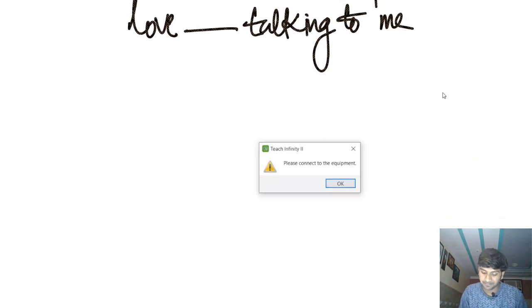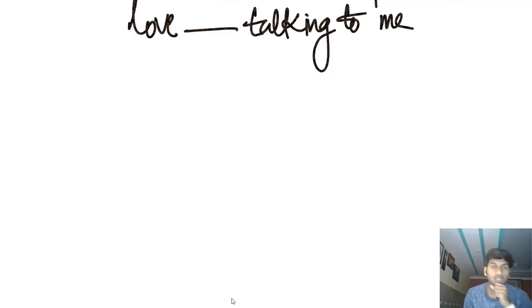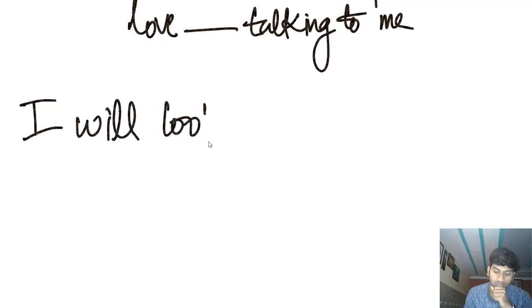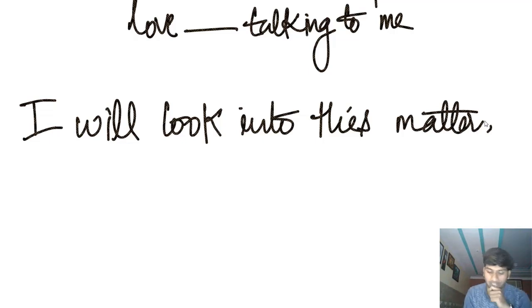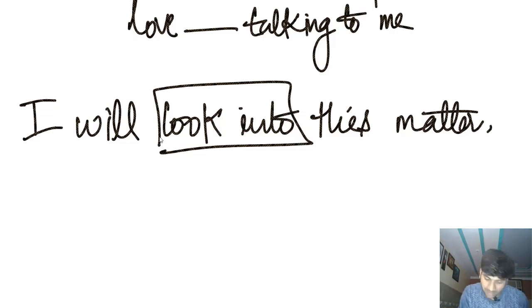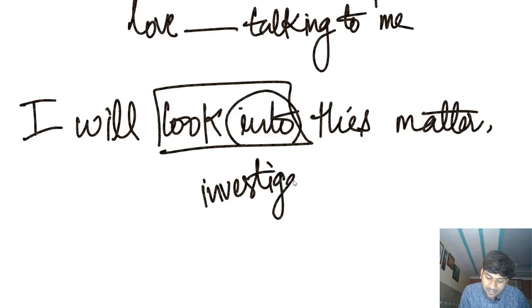For example, it can be a preposition. Let me give you an example. I will look into this matter personally, or I will just look into this matter. So here look into is a phrasal verb, and here into is an essential part of this verb, look into, which together means investigate, right?